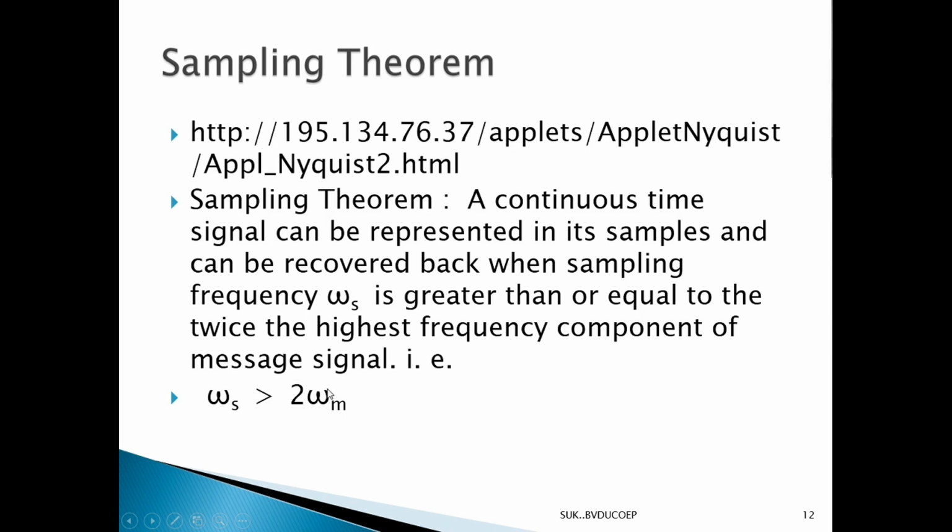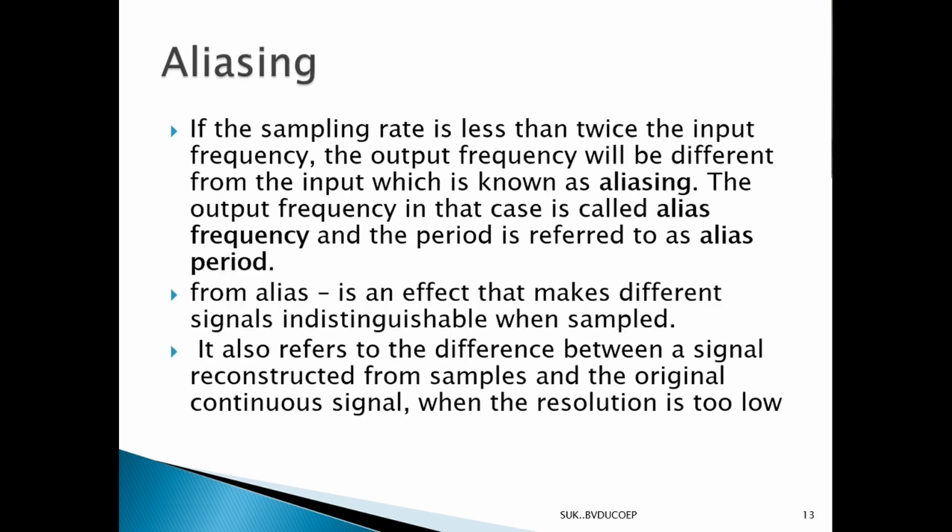To capture all the variations of the image or the sound, the sampling should be at a higher frequency so that all the variations are captured. If the frequency is less, then you will observe something different, and we will see this from the examples.